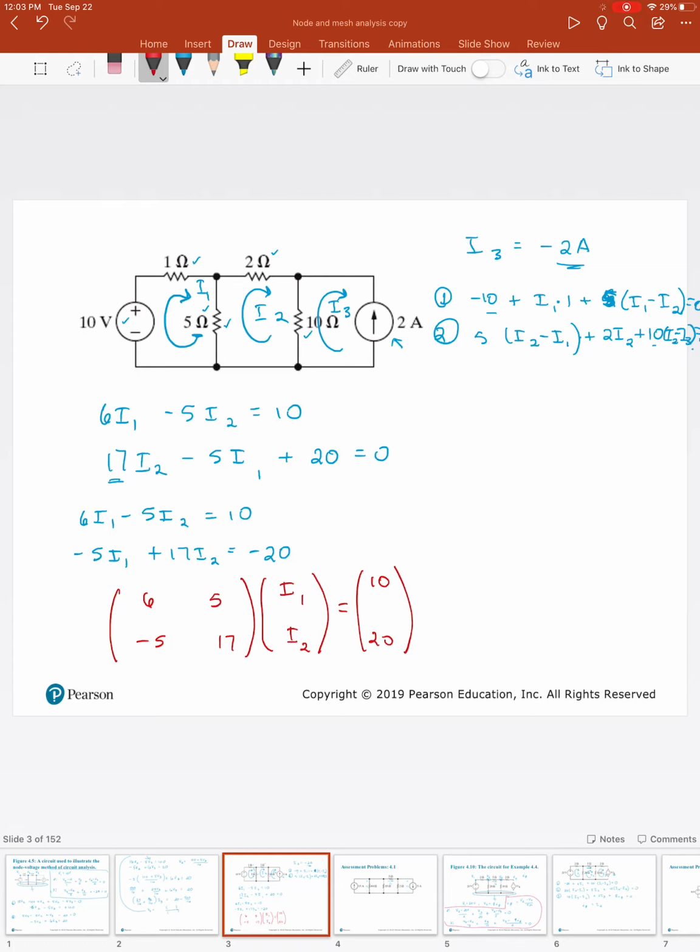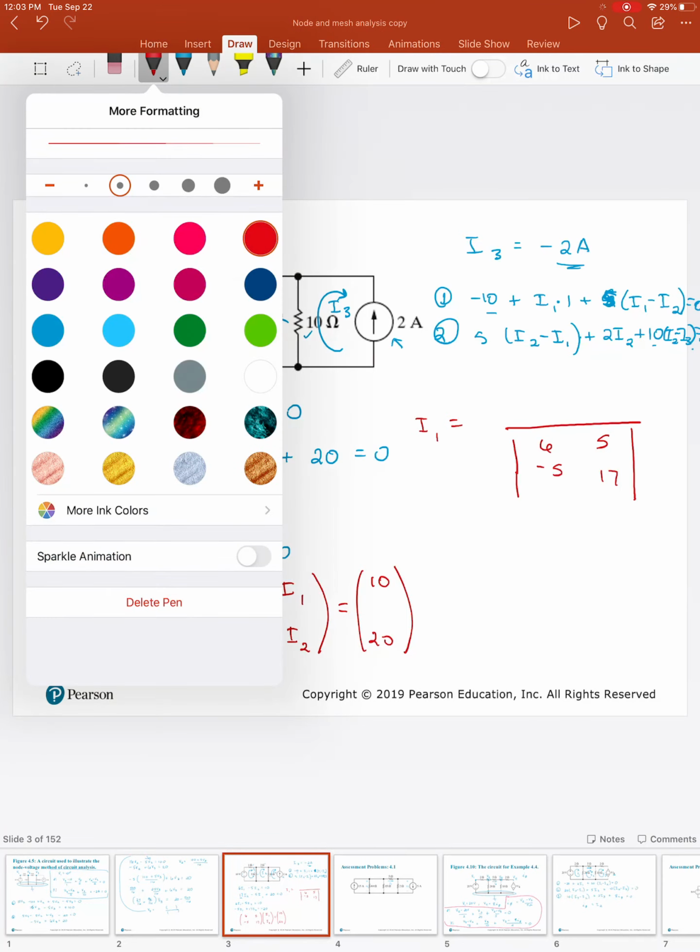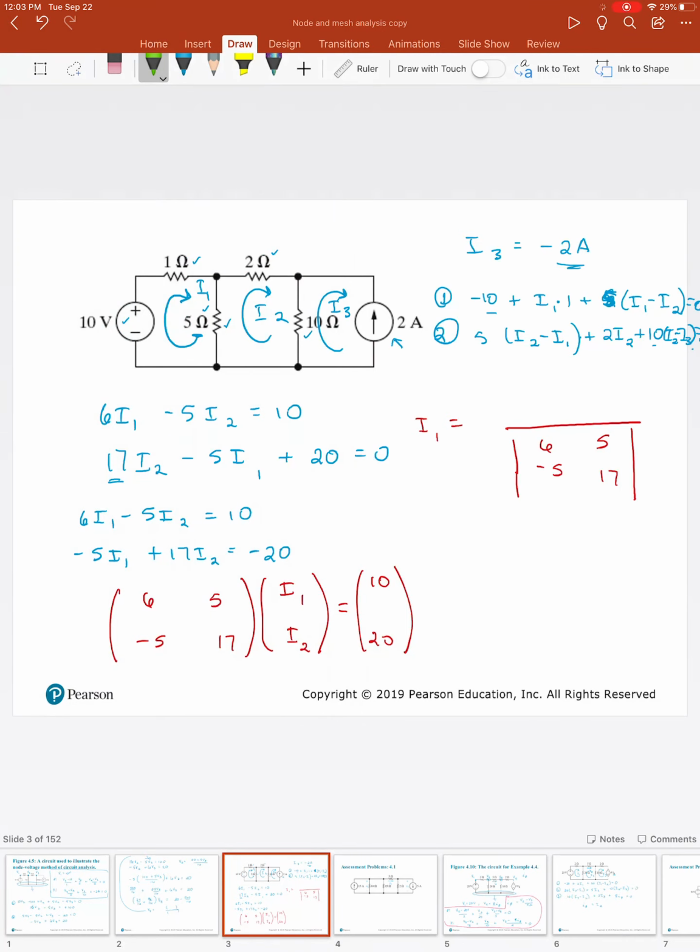If you want to use Cramer's rule, I1 is going to be something over the determinant 6, minus 5, minus 5, 17. That something will take this answer column and substitute it into the column of coefficients that multiplied I1. So I'll have 10, minus 20, minus 5, and 17.